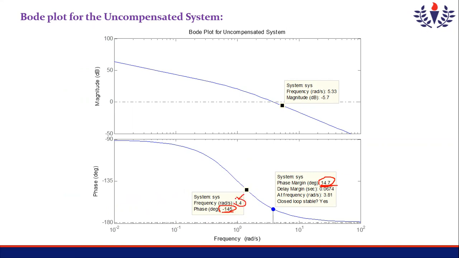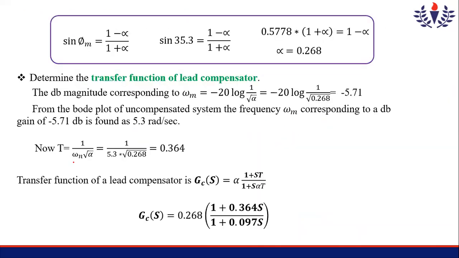Now by using this value, again we find alpha. Once we identify alpha, then again we find the magnitude. With respect to that magnitude, what is the frequency? At that frequency, we find the time constant, 5.3 into.